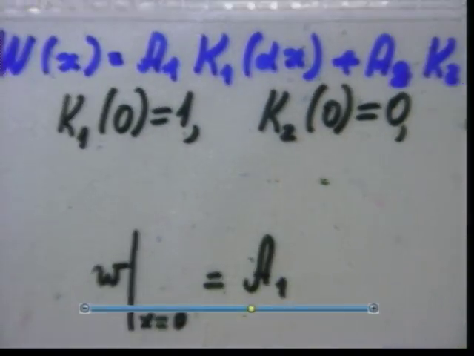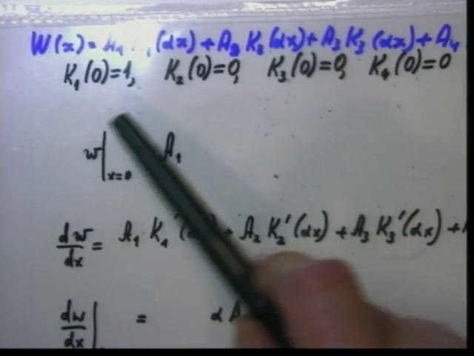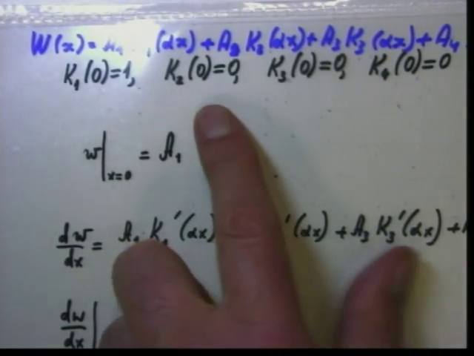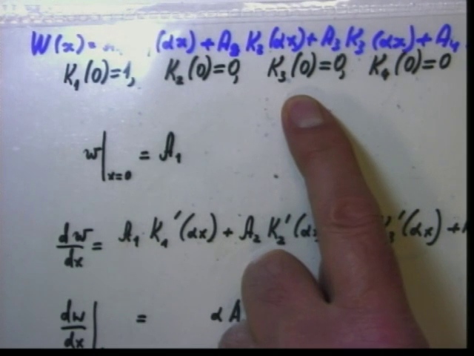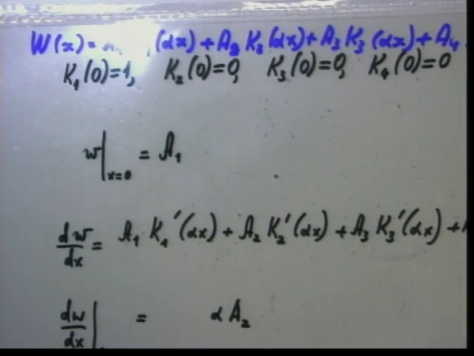So we have these functions. Now, first of all, where are we? Please write down k1 at 0 equals 1, k2 at 0 equals 0, k3 at 0 equals 0, k4 at 0 equals 0. Why do I need this? Why is it a nice property?